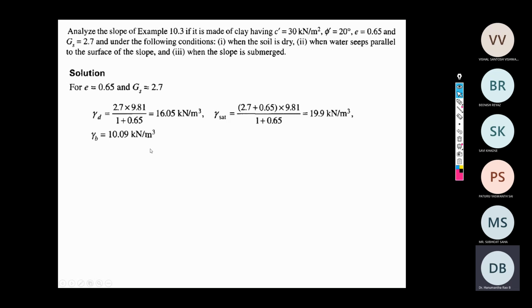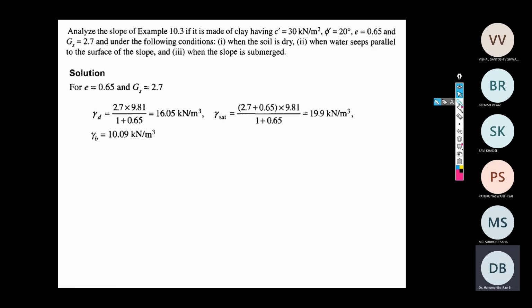As you know from the volume-mass relationship of soil mechanics, gamma d is equal to G gamma w by 1 plus e. As G is given as 2.7, gamma w is 9.81 kilonewton per cubic meter, and void ratio is 0.65, if you substitute everything into this equation, you can directly calculate the value of gamma d.